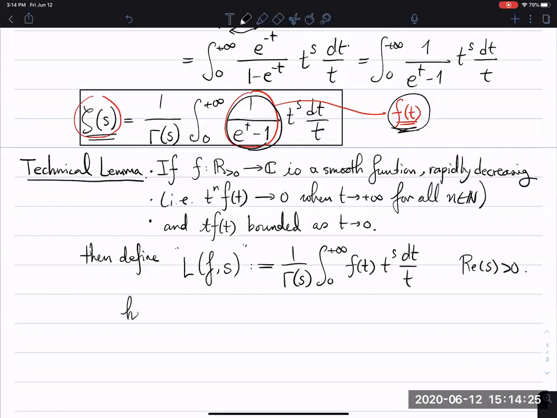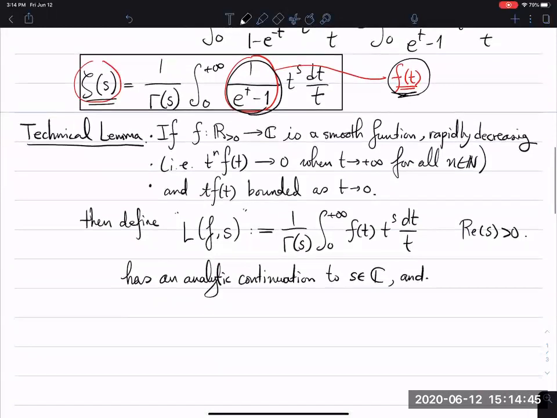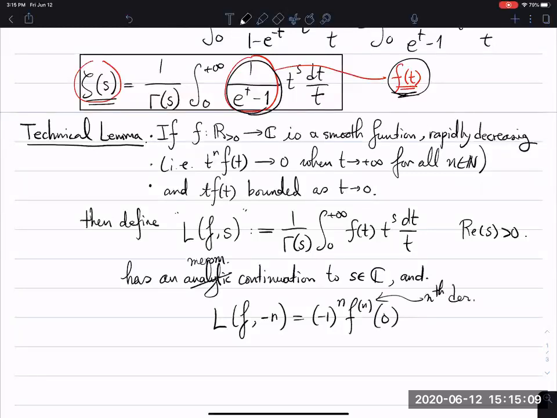Then this expression has an analytic continuation, or maybe I should say a meromorphic continuation, to all of s in C. And the thing I really care about is that the negative value of this is equal to -1 to the nth power times the nth derivative of f evaluated at 0. So this is the formula I really want.